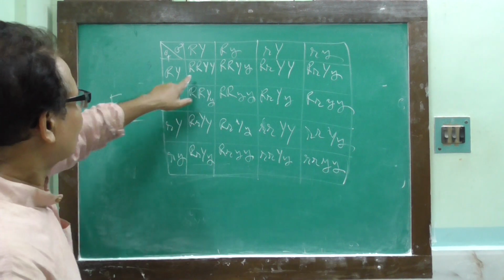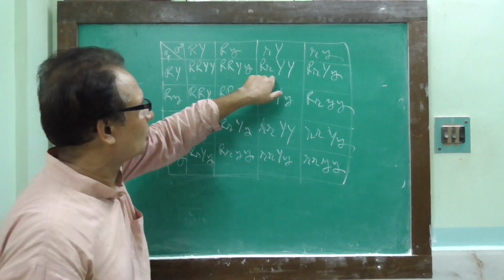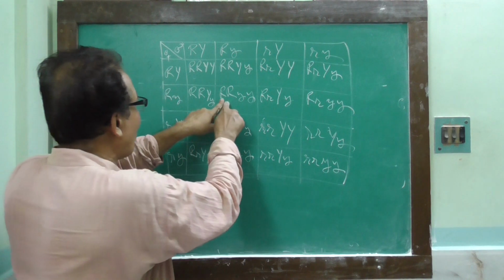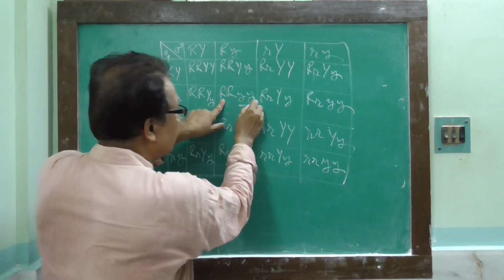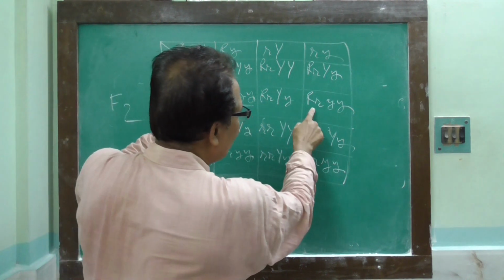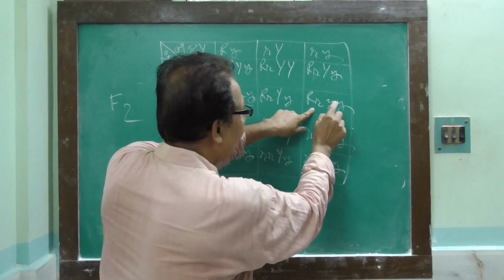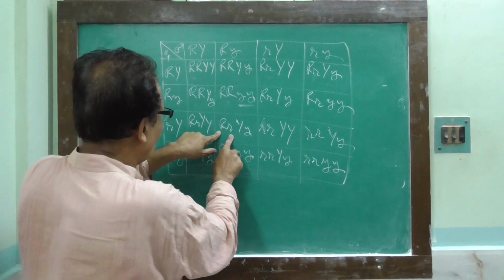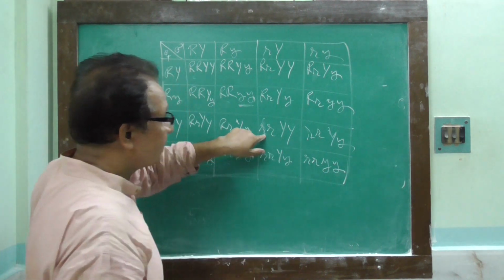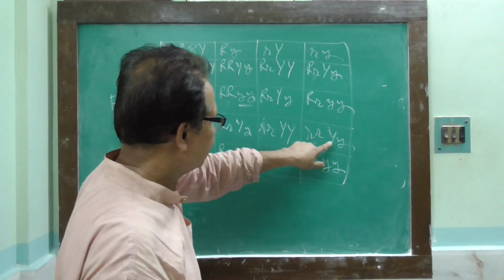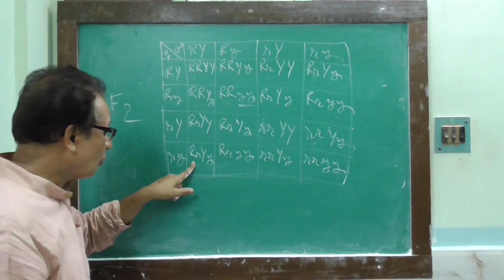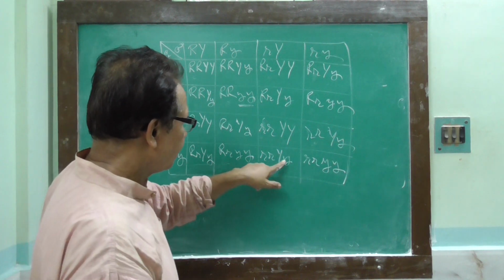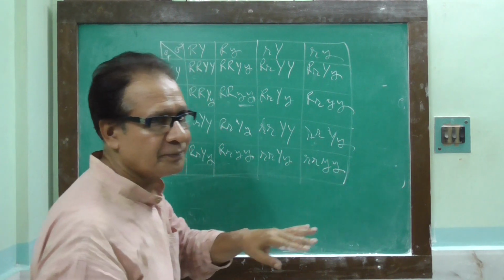In this way, round yellow, round green, wrinkled yellow, wrinkled green.